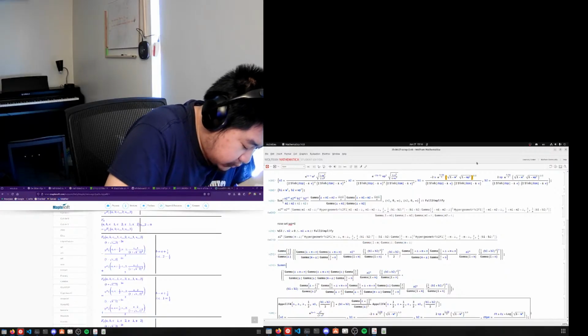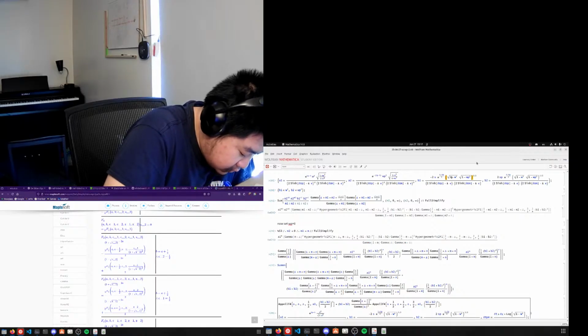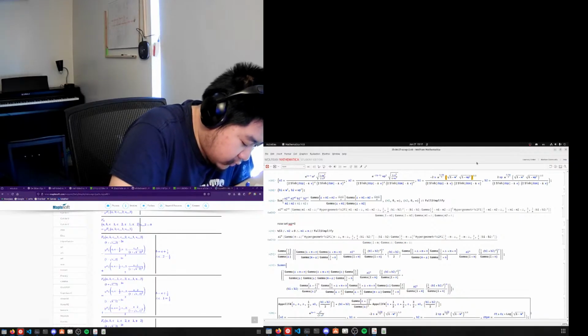That would be cool if you have something over here, and the question is when does it go into the light cone? Right. I think this is very doable.